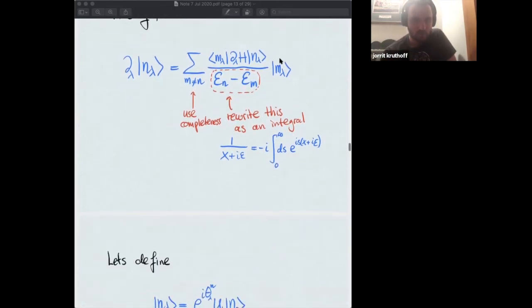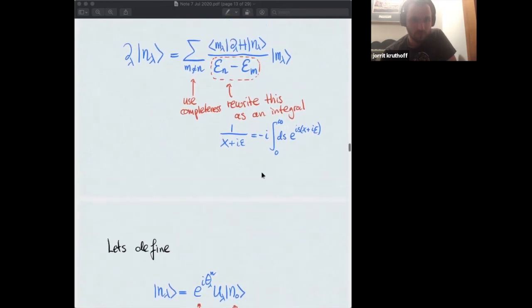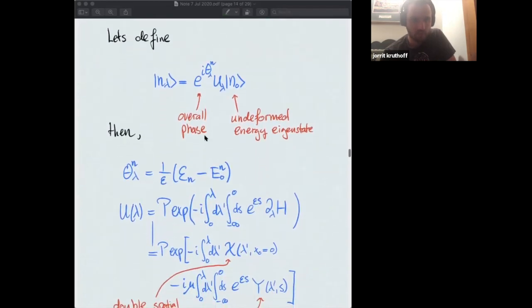Okay, so with those two rewrites, I can find the following operator U. So U is defined in the following way. These deformed states, I have an overall phase and a unitary operator acting on the original state, n0.